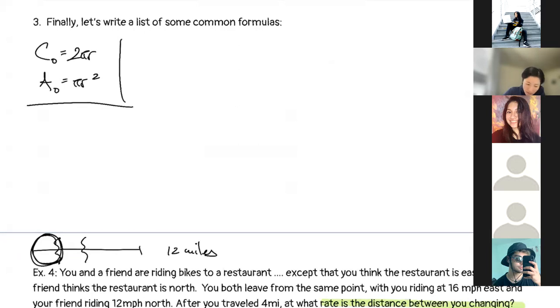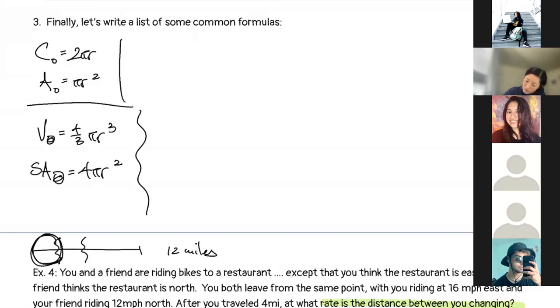Next, let's look at the sphere, which we've already talked about today, but the volume of the sphere is 4/3 pi r cubed, and the surface area of the sphere is 4 pi r squared. Volume of a cone.